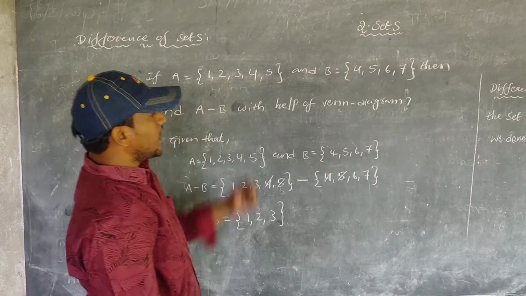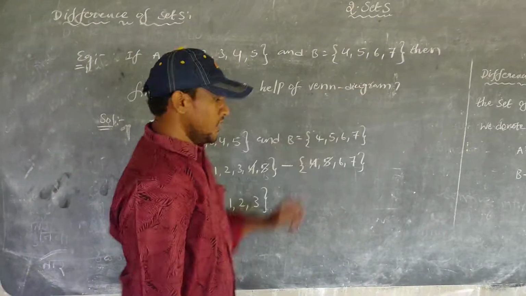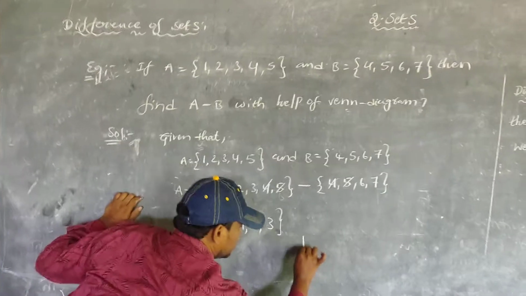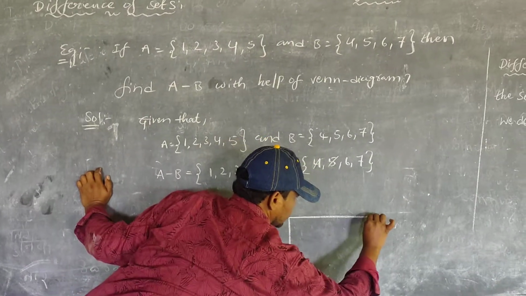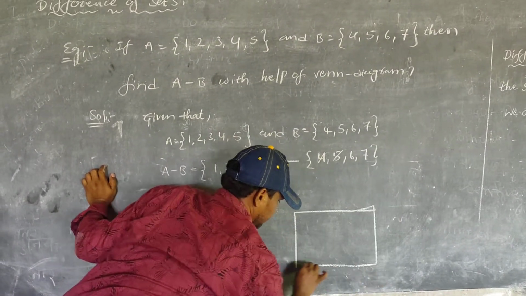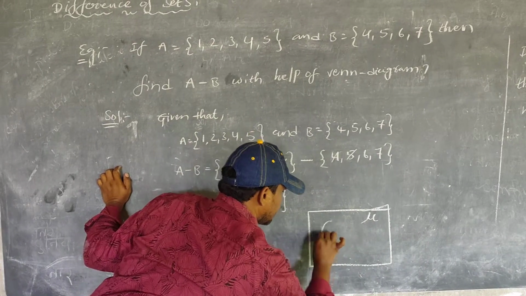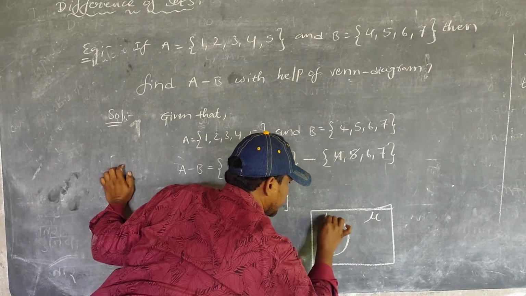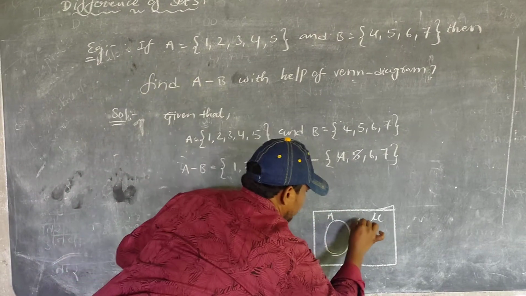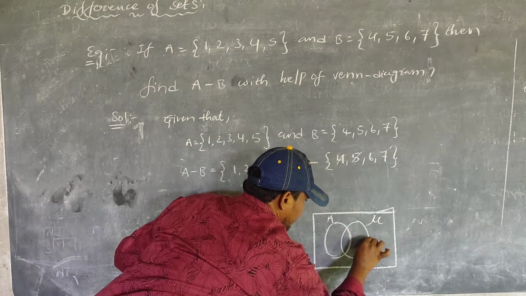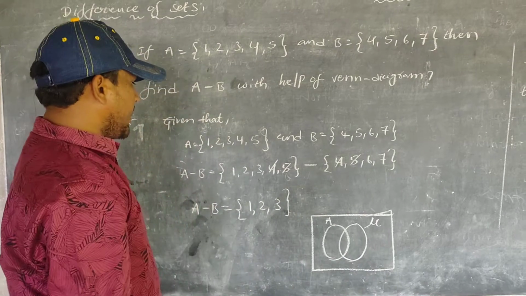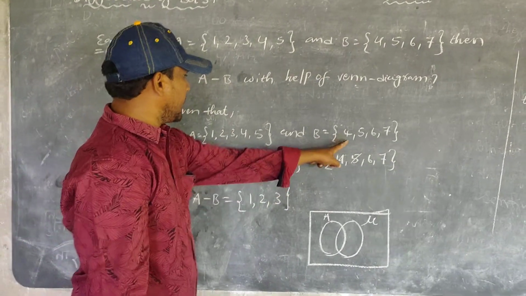Then, with the help of a Venn diagram, draw the diagram. It is a universal set, with set A and set B. The only common elements are 4 and 5.